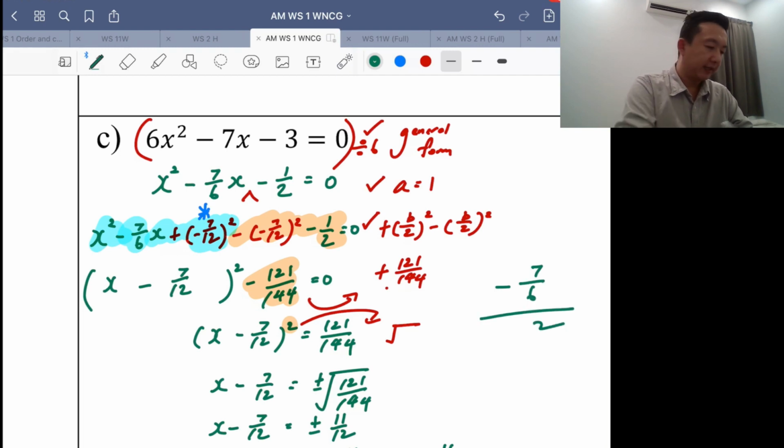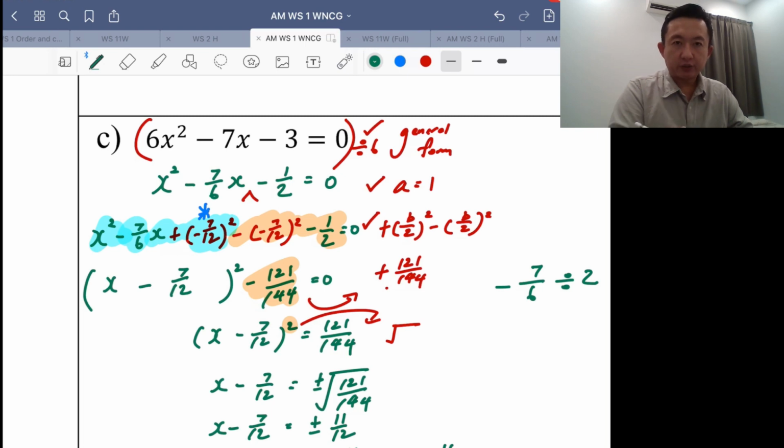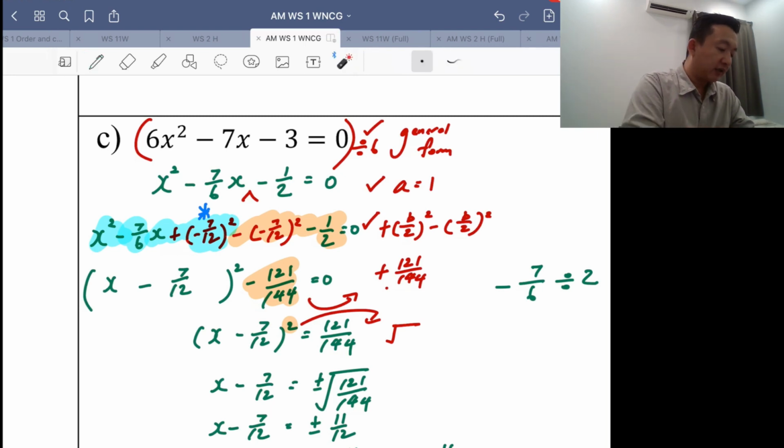So I would rather you just remember it's half of the value. So it is the same as negative 7 over 6 divided by 2, half of the value. And now I have half of the value, negative 7 over 12, and then squared, minus itself. And for the first three terms, we are doing a factorization, turning it into a perfect square.